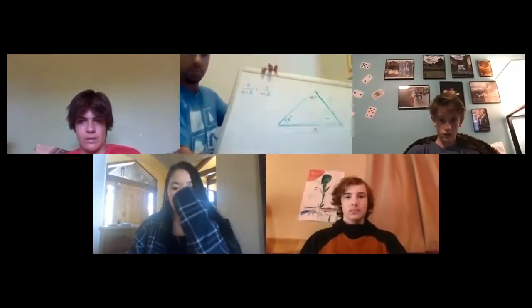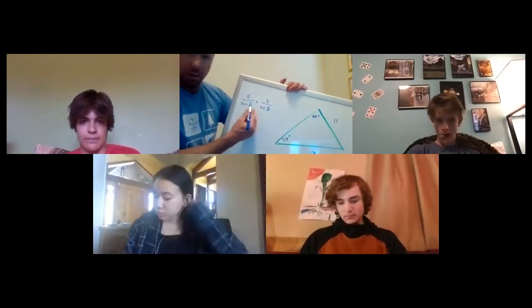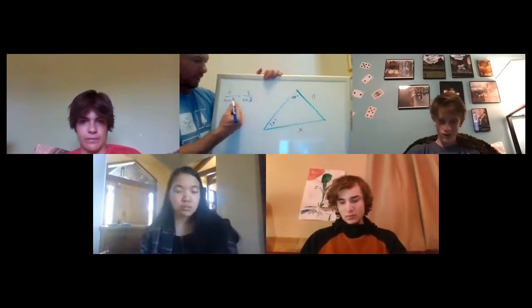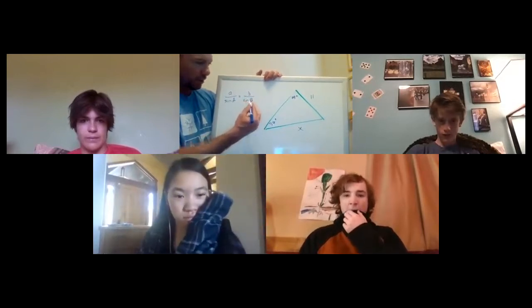And I'm solving for a side. So typically what that looks like before we start plugging things in is a side over sine of the angle across from that side equals another side over sine of the angle across from that.